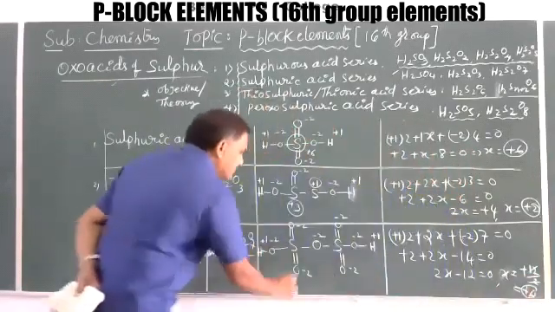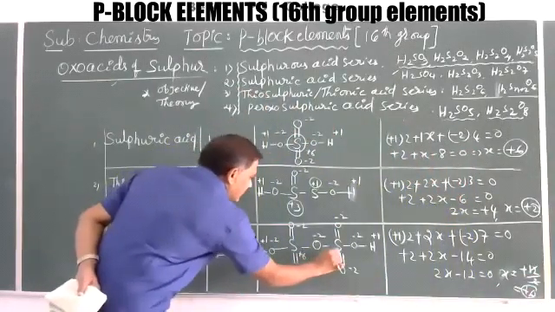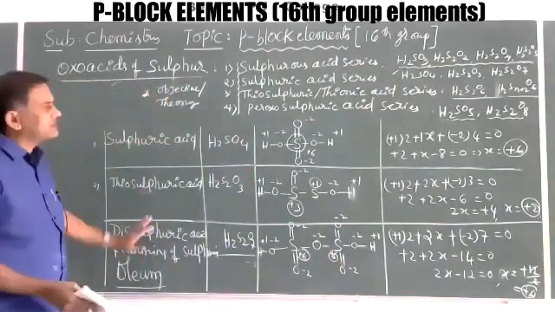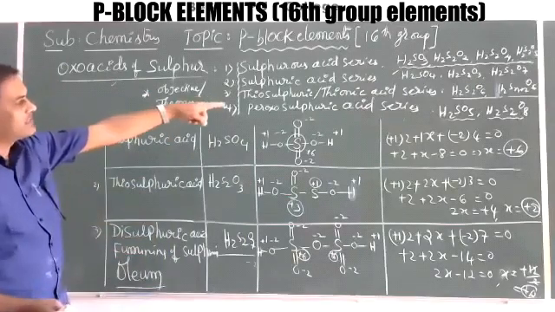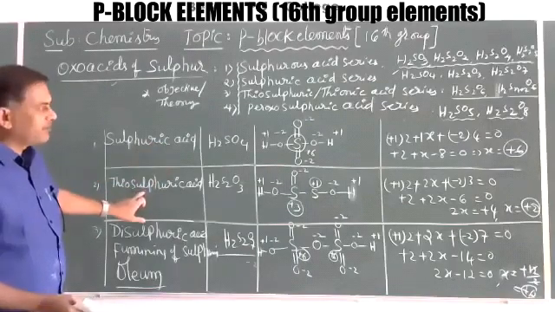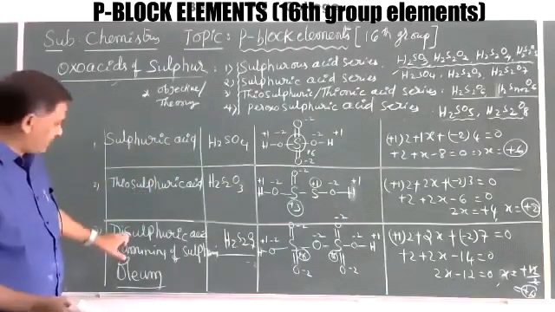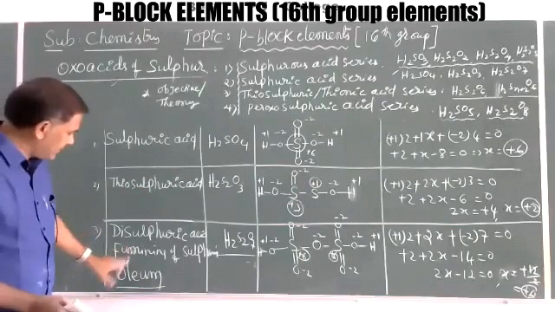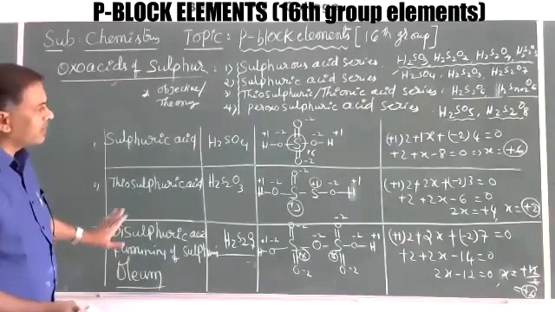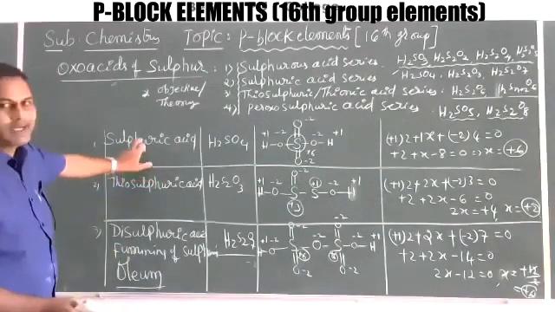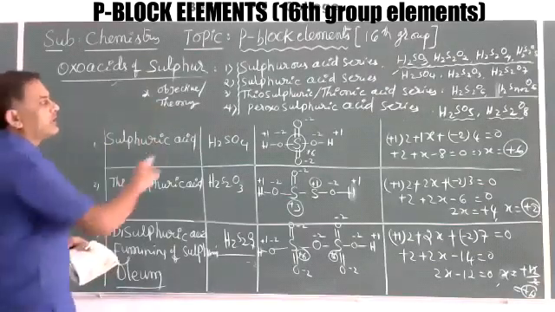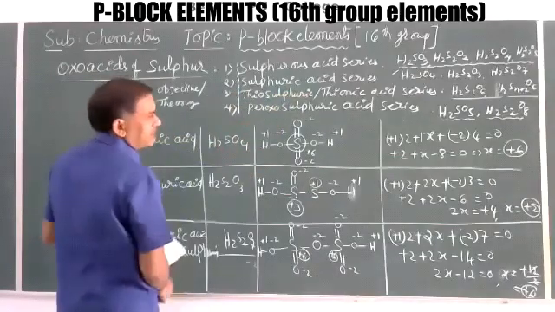So on average it is plus 6 for each sulfur. So these are the very very important 3 under the sulfuric acid series: sulfuric acid, thiosulfuric acid, and disulfuric or fuming sulfuric acid, also called oleum. Once again I will explain this oleum concept in the manufacture of sulfuric acid by the contact process. This is the second important table, the sulfuric acid series table.